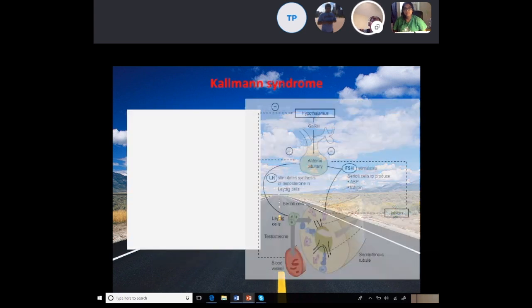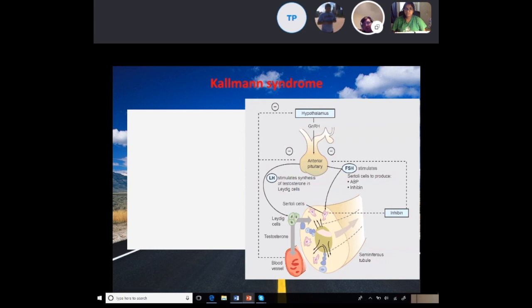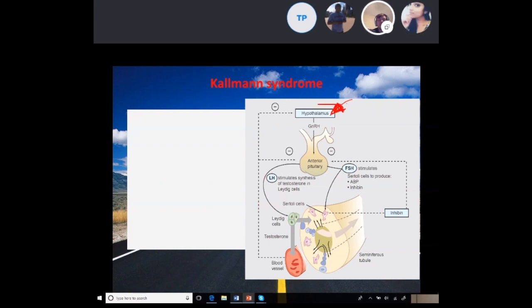Okay, and then we also have Kallmann syndrome. Kallmann syndrome is an issue with the migration of certain hypothalamic cells, which don't migrate properly, leading to a secondary hypogonadism.